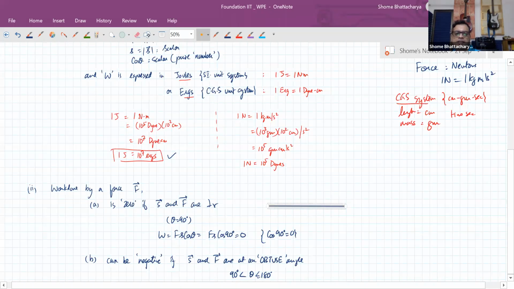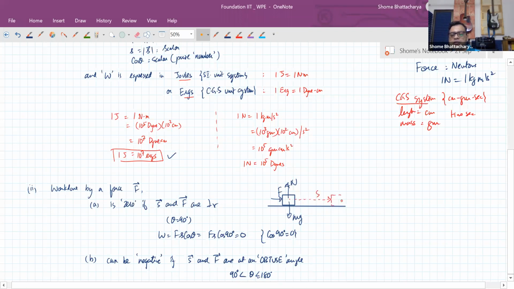If we have a situation where one of the forces acting on a body is perpendicular to the displacement, like for example, the normal reaction acting on this body and the weight mg, whereas suppose we are also applying a force F, like this. Now, after some time, the body makes a displacement in this direction and reaches here.